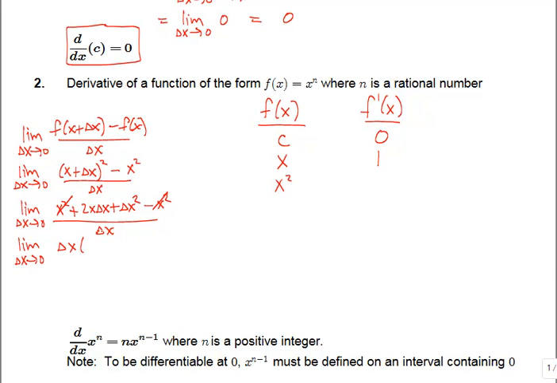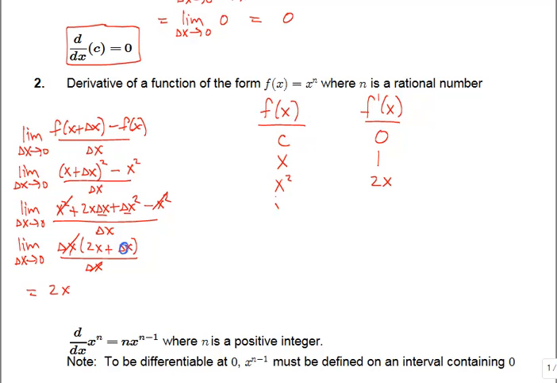So if I factor out the delta x from each of these two terms, I'm going to be left with a 2x plus a delta x. And that delta x that we pulled out now can cancel the one in the bottom. And it's at this point that we're ready to plug in our 0 for delta x. So just this term right here goes to 0, which means this is going to become just 2x. So it turns out that the derivative of x squared is 2x.